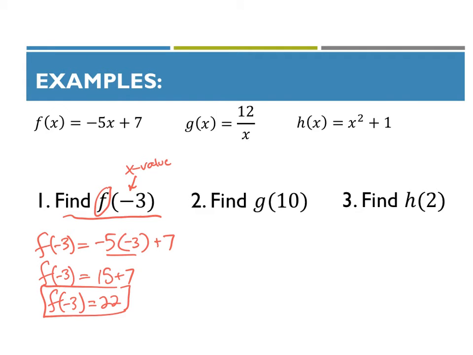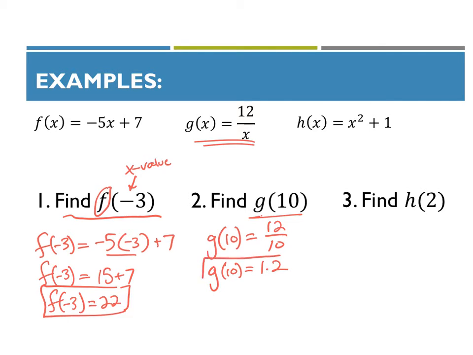And so if you look at the second example here we want to find g of 10, and so since I want to find g of 10, we're pertaining to the function g of x here up top, and so if I wanted to find g of 10, that means I'm looking for what that y value is when x is 10. And so if I sub in 10 for x, which is in the denominator here, I get 12 divided by 10, which is going to be a decimal. I think you get 1.2 there.